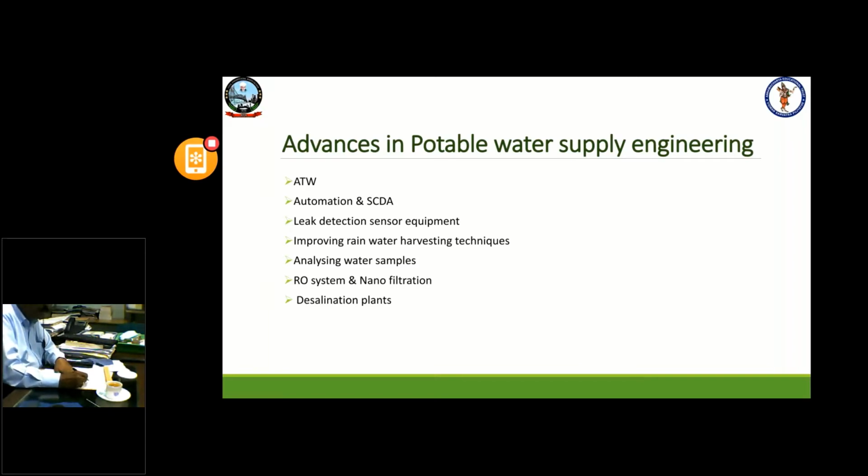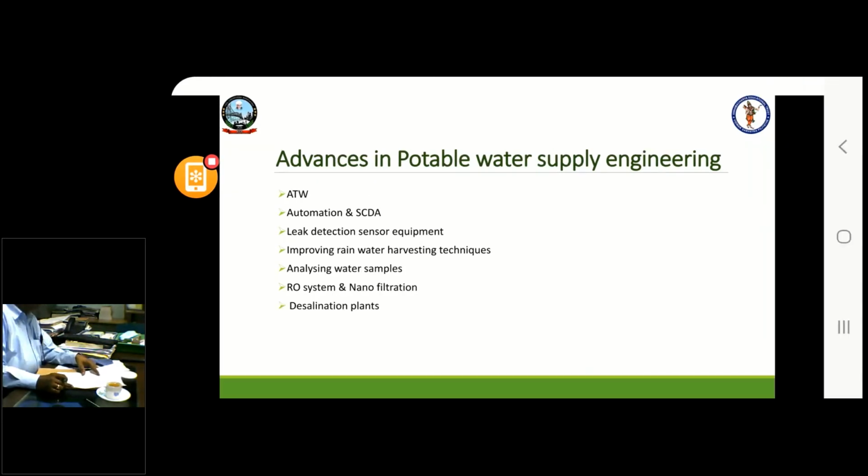Even the important thing is analyzing water samples, which is very necessary to ensure the quality of water. Samples are taken and used in the laboratories for testing, whereas now the advances have come to take them online or on field.